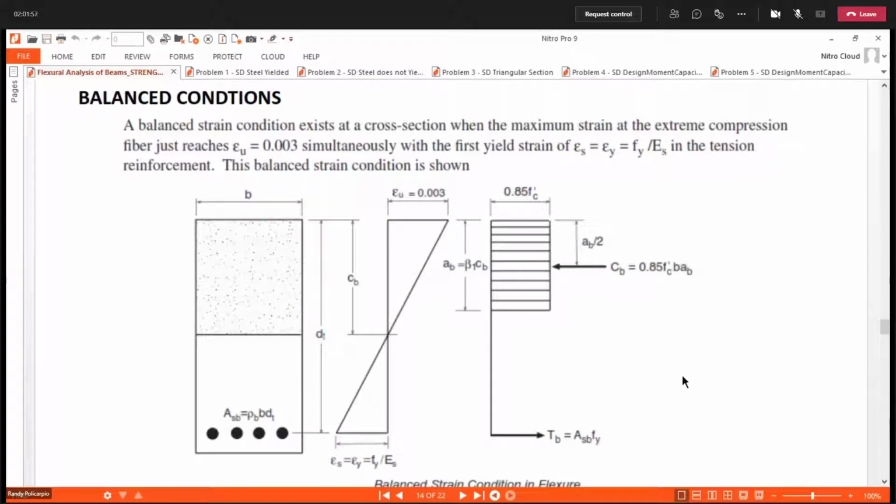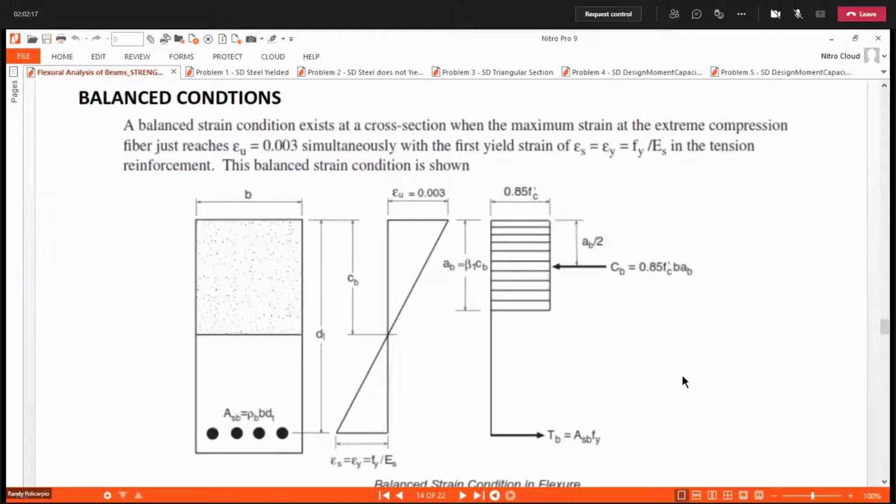the concrete reaches our allowed or usable strain, which is equal to 0.003, it means our concrete will crush.